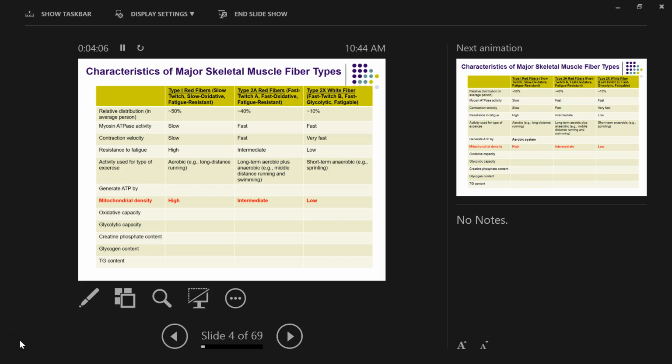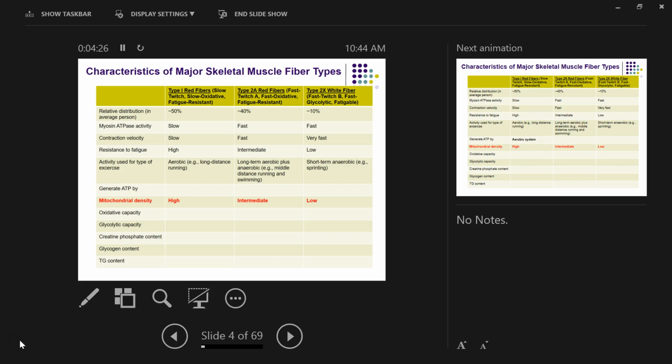These 2 types of fibers are very different, with opposite metabolic characteristics. And the middle one, type 2A, is kind of intermediate. It has characteristics of both fibers.